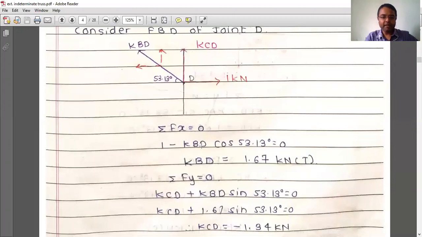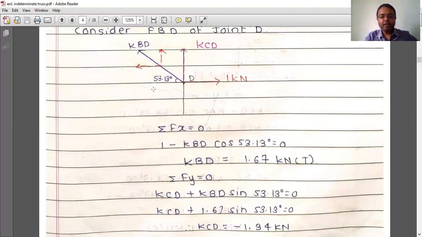Just apply summation Fx equal to 0. So here KBD is going towards left, that's why I take it as negative. Of course, when the angle is measured with respect to the x-axis, then horizontal will always be a cos component, and vertical will always be a sine component.